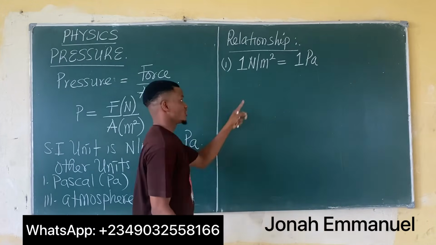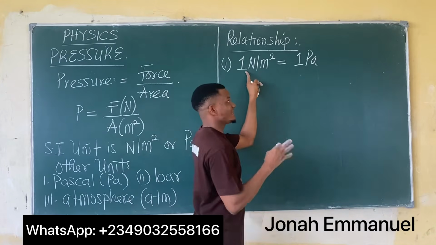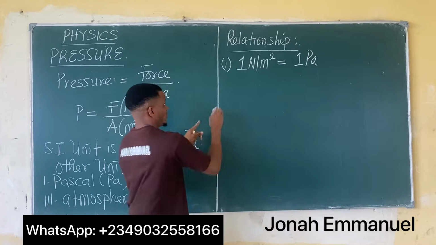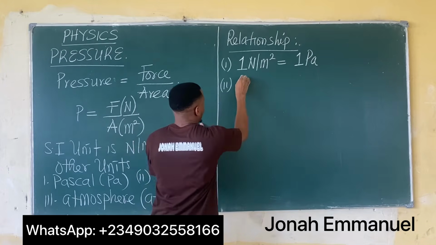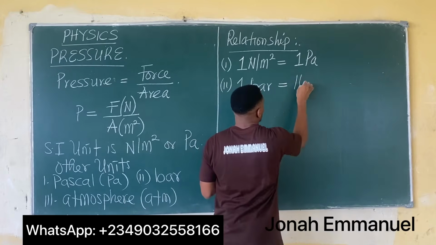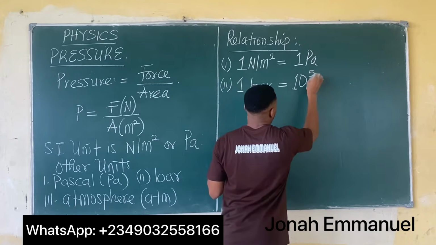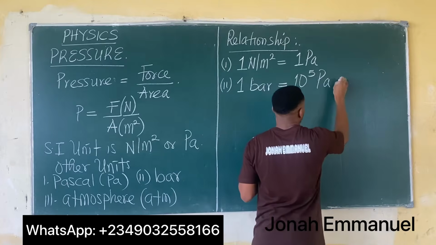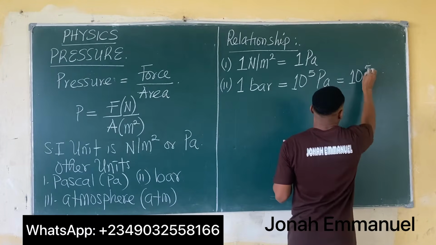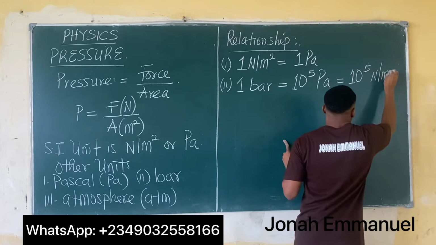In other words, Newton per meter squared is the same thing as Pascal. So this is my first relationship. Number two, you have that 1 bar is equal to 10 to the power 5 Pascal, which is equal to 10 to the power 5 Newton per meter squared.